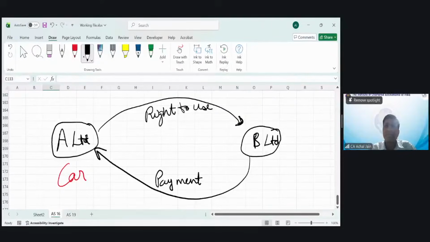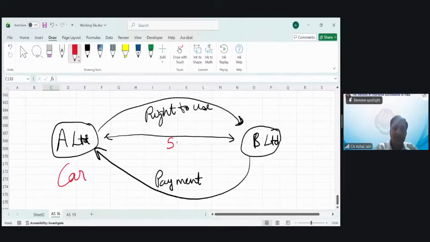Now, generally they will keep a period. Let's suppose they have kept a period of, say, 5 years. So they are saying that for a period of 5 years, A will give the car to B for usage.